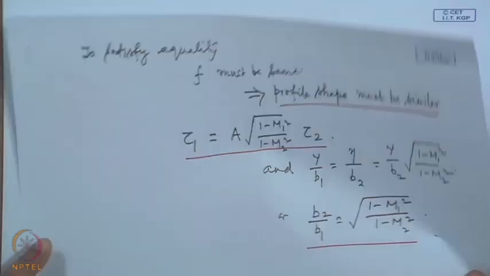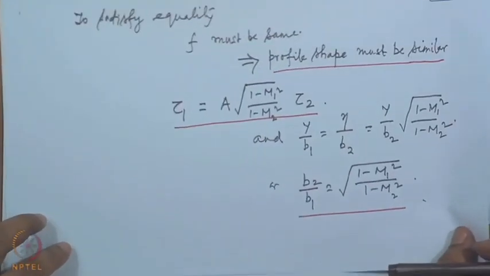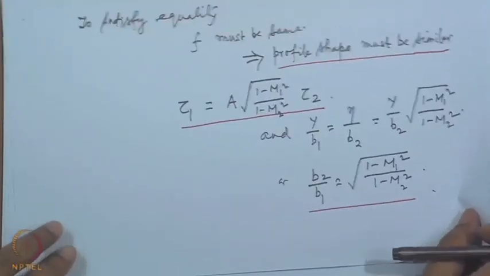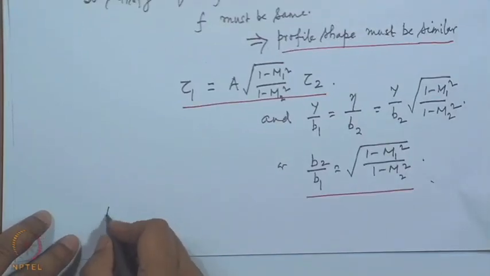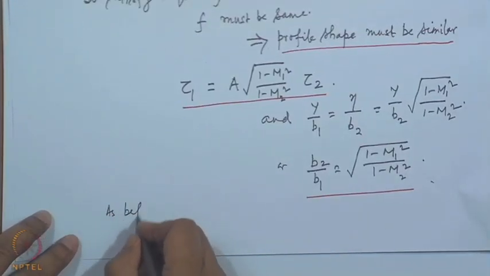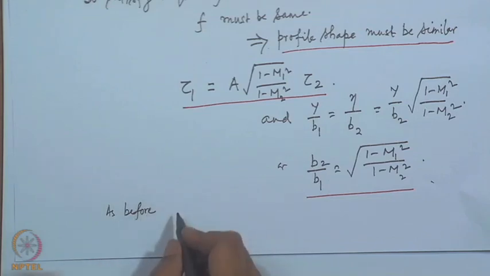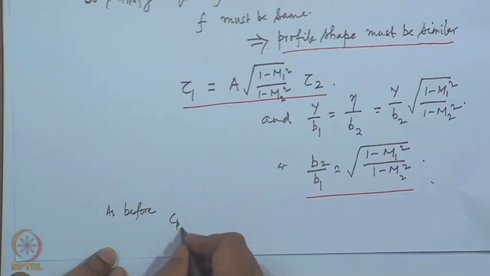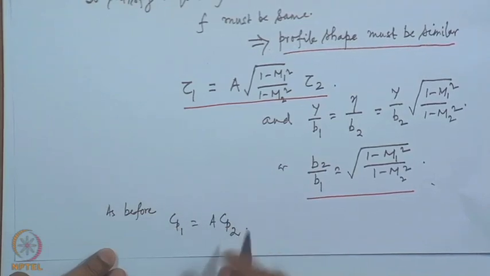Now, the pressure coefficient, as before, we have C p 1 equal to A C p 2. And in this case also we have seen that the A remains arbitrary.